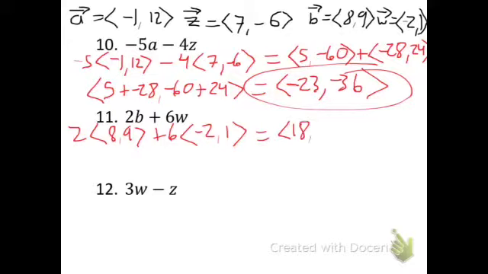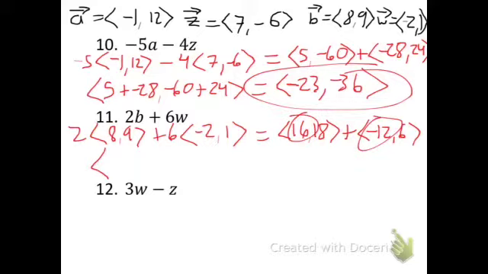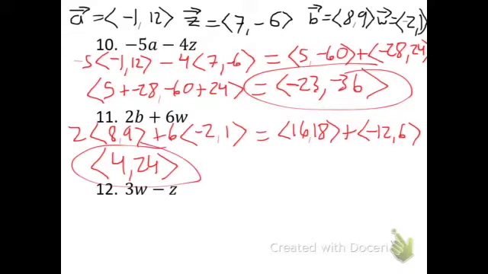You'll get 16, 18, and then plus negative 12, 6. Combine corresponding terms. 16 plus negative 12 is 4. 18 plus 6 is 24. Once you have that, you're ready to go.